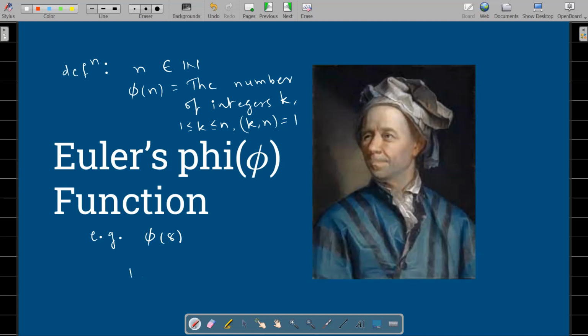Look at 1, 2, 3, 4, 5, 6, 7, 8, and look at the GCD of every number with 8. 1 with 8, obviously GCD is 1. 2 and 8, GCD is 2, so it's not 1. 3 and 8, GCD is 1, so this is co-prime. 4 and 8, GCD is 4, so it's not co-prime. 5 and 8, GCD is 1. 6 and 8, GCD is 2, so that is not co-prime. 7 and 8, GCD is 1. 8 and 8, obviously GCD is 8. So what is phi of 8? How many numbers are co-prime? There are 4 numbers which are co-prime.